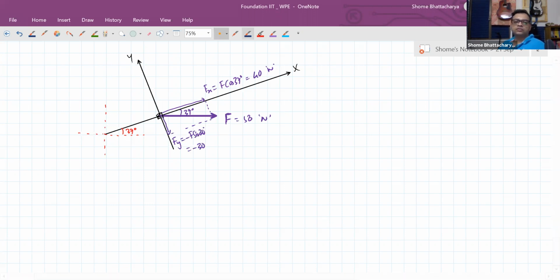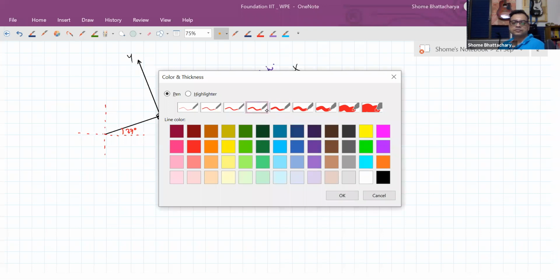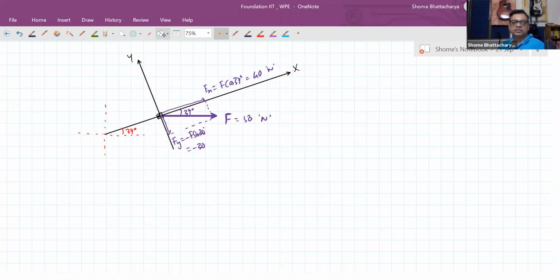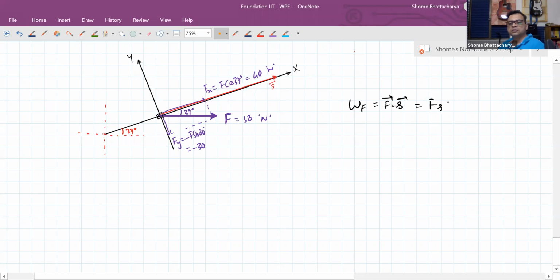Okay. But in all of this, what about the displacement vector? The displacement vector is along the x-axis. So because the displacement is along the x-axis, you get a simple answer that the work done by the force F is F dot S. Okay.